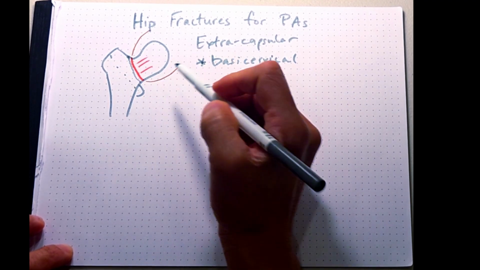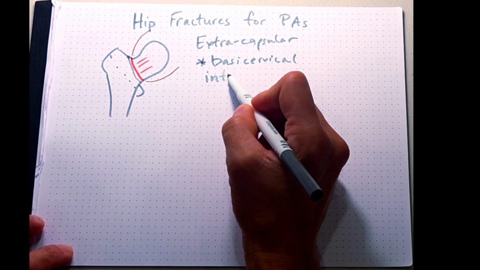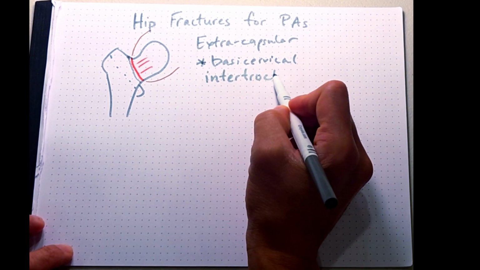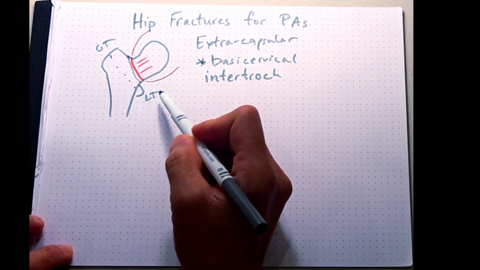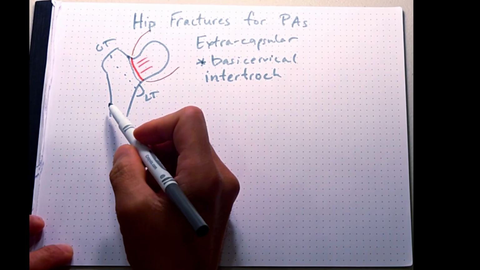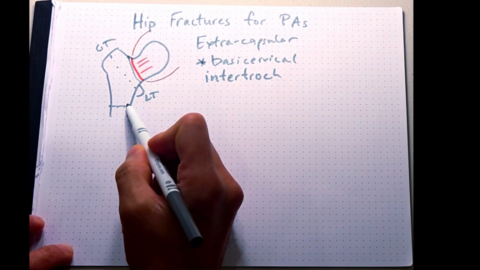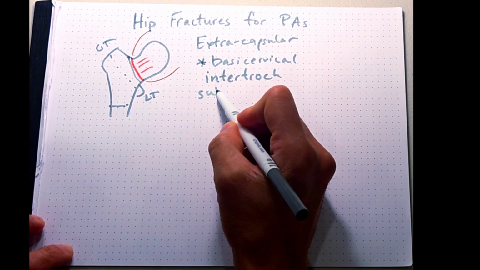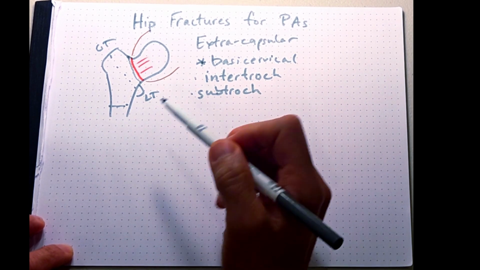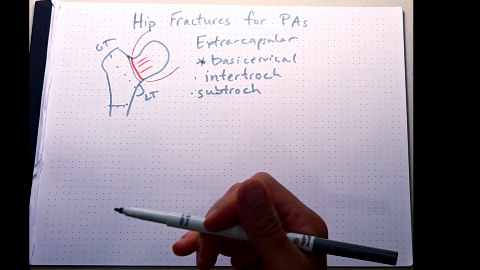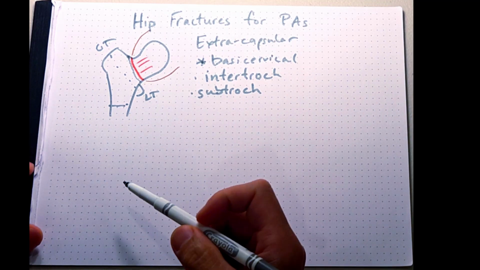The other one is a standard intertrochanteric fracture, in which the fracture line goes from the greater troch to the lesser troch. And we're also going to include subtrochanteric fractures, so subtrochs. Now, all three of these are all treated the same way in the modern orthopedics world, and that is a nail.